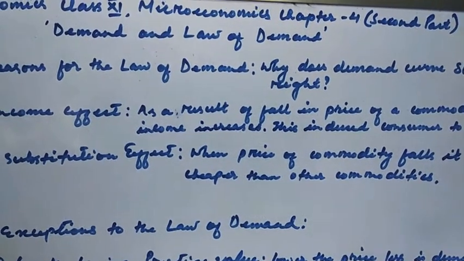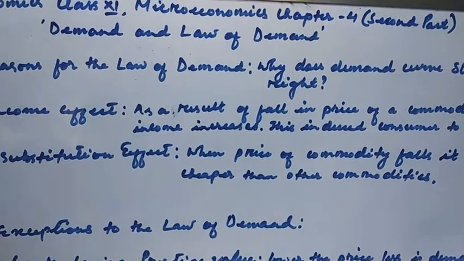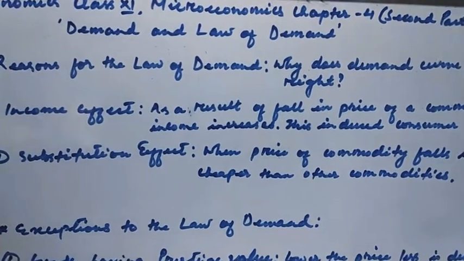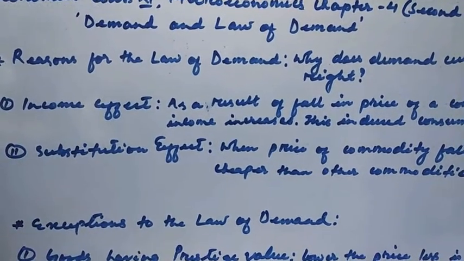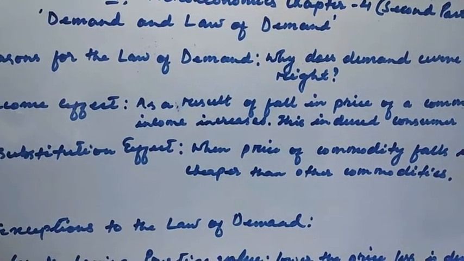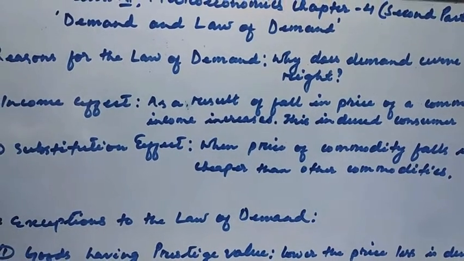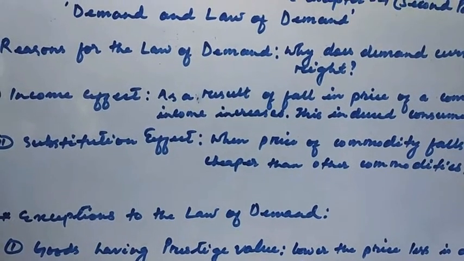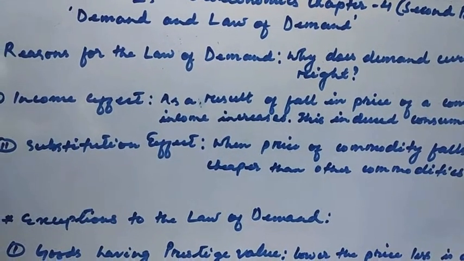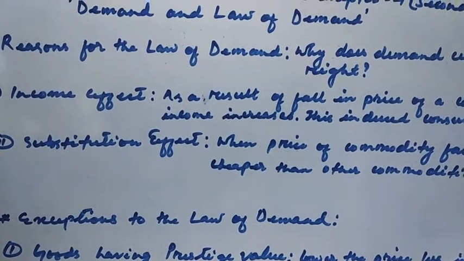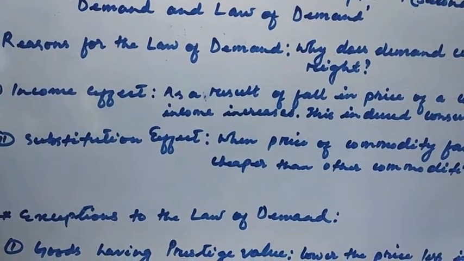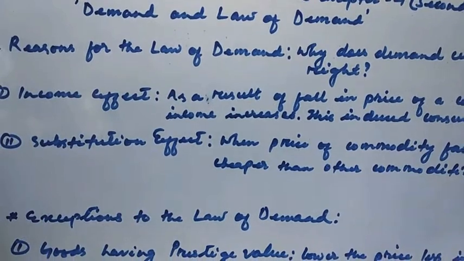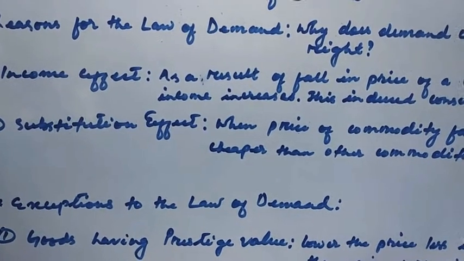Let us say the price of coffee has fallen, and then coffee will be relatively cheaper than tea. So you will feel more fondness towards coffee because its price has fallen, and because of that you will buy more of that commodity, which is coffee. You will consume or buy more of that good.